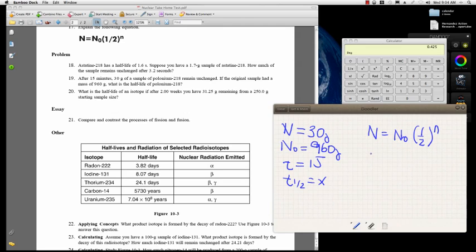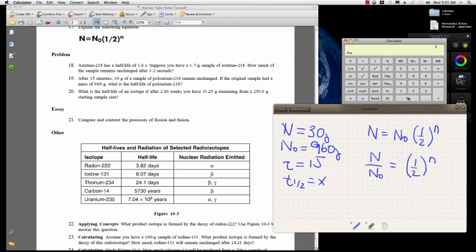Solving this one for n, we would get N divided by N0 is equal to 1/2 raised to the n. Now we can plug in our numbers, 30 divided by 960, and we would figure out what that works out to be.